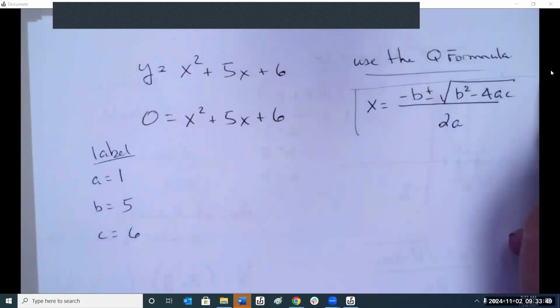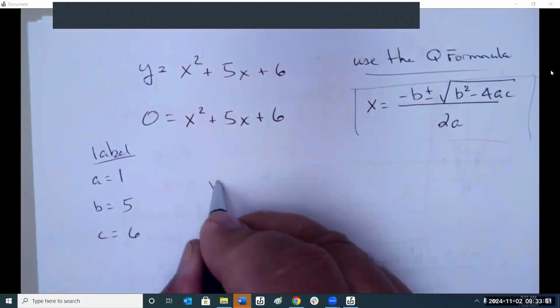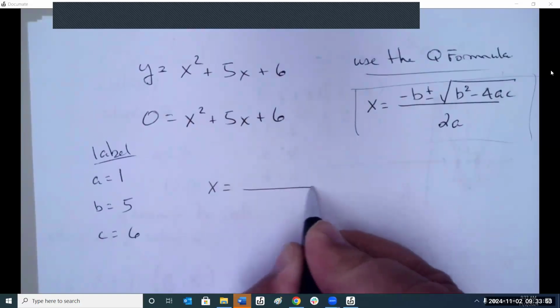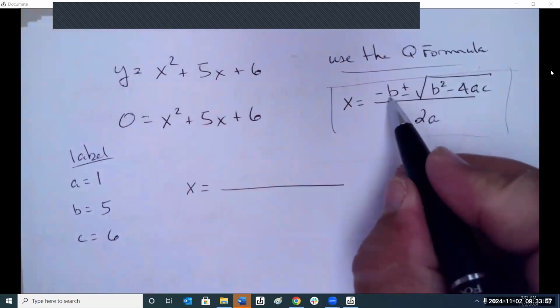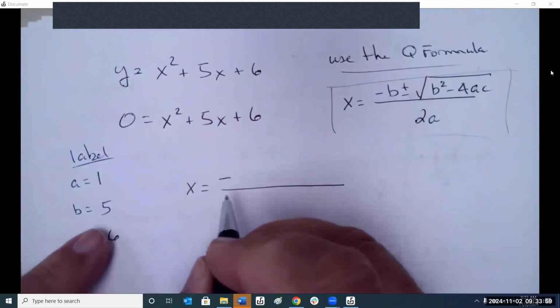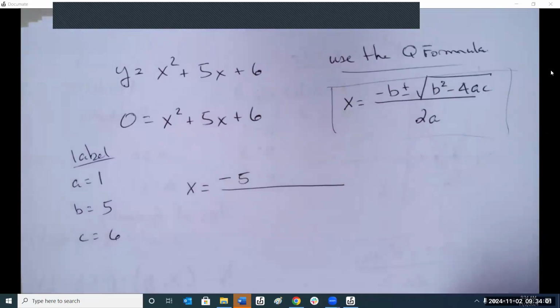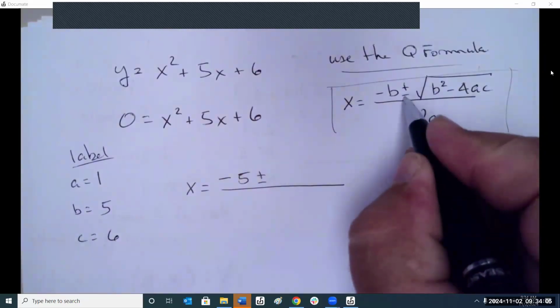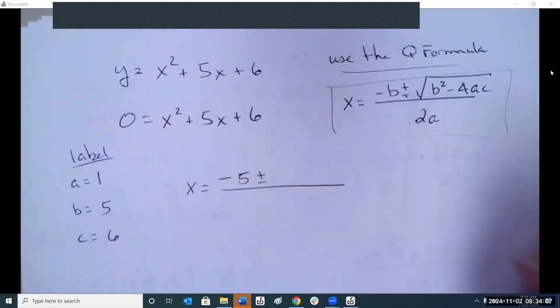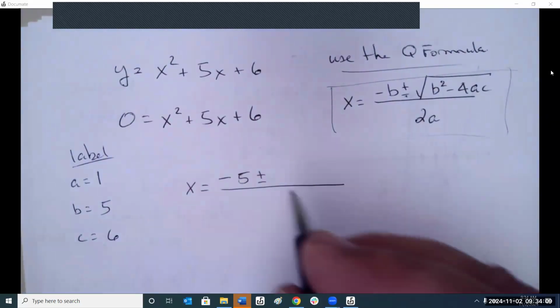Now we plug them into our equation. So negative B, which is 5, plus or minus. The reason it's plus or minus is because you can have two possible answers.